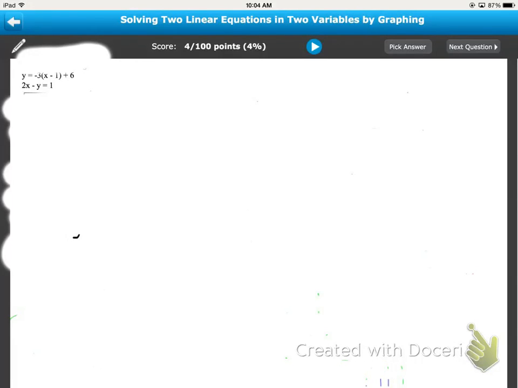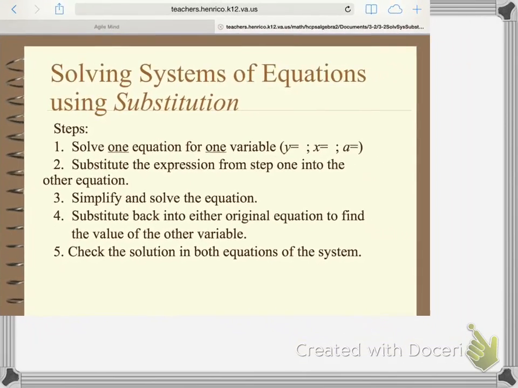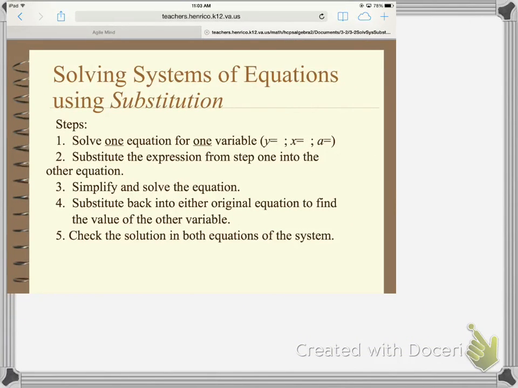On the first slide of your notes, you'll see exactly how we're going to solve a system of equations by substitution. We've got the steps given to us, piece by piece, of what you need to do. So all you do is simply go down through the steps.